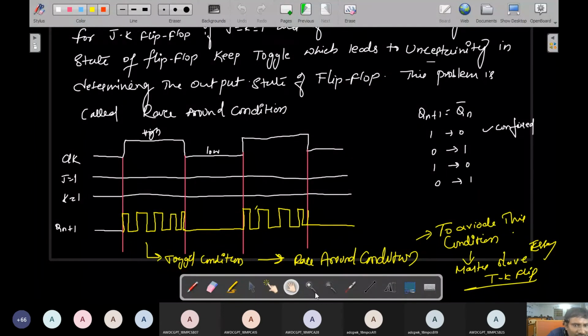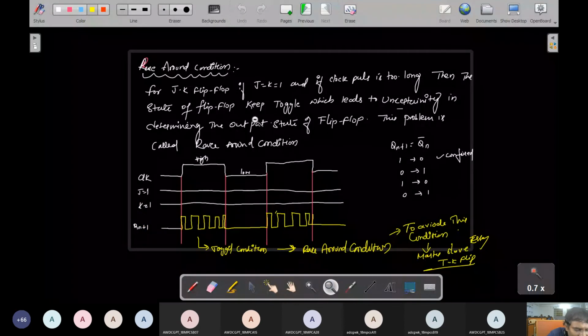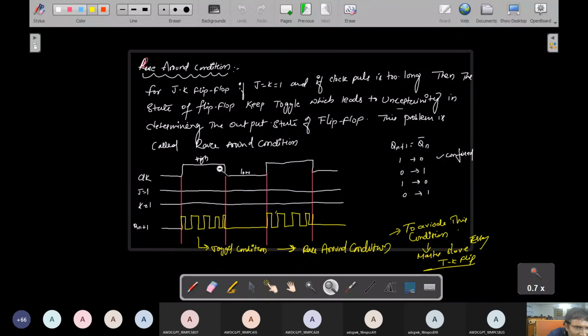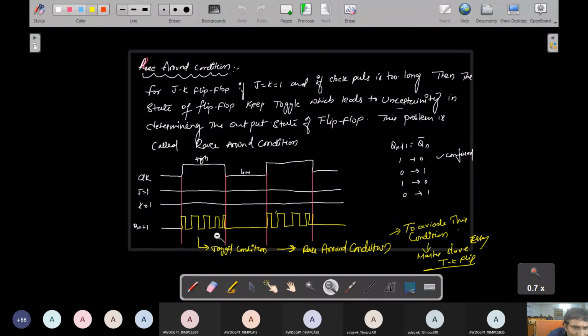So I'll write here very clearly what the toggling condition is. I'll explain the toggling condition here. In toggling, the clock pulse is always too long, so we consider the clock pulse as high, low, high, low. In the JK flip flop, both J and K are equal to 1, 1. At that time, your normal output Qn shows a toggling condition at the high clock pulse.